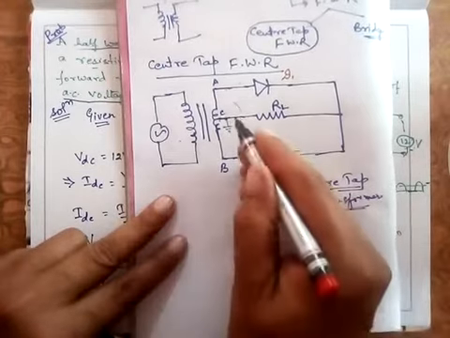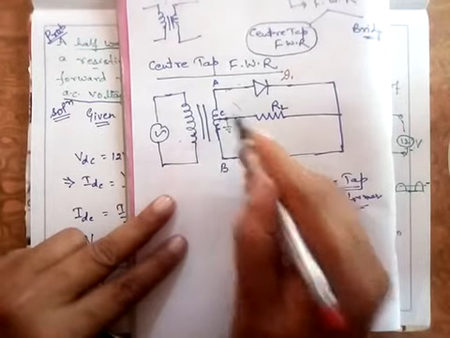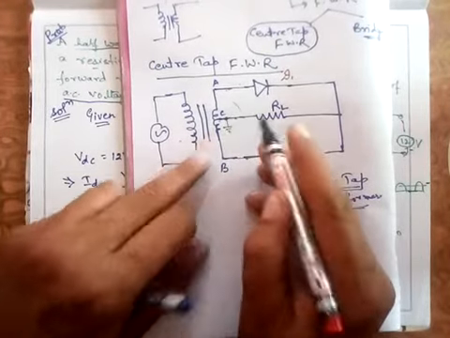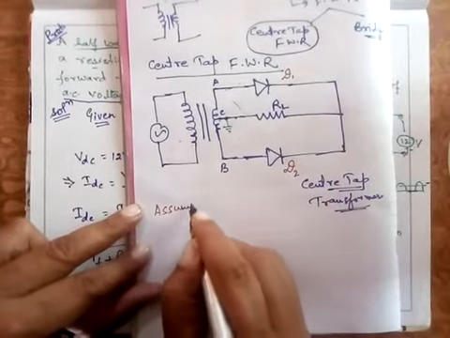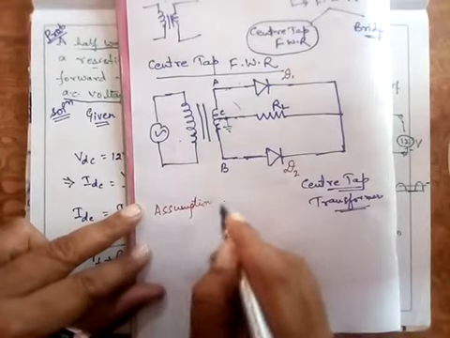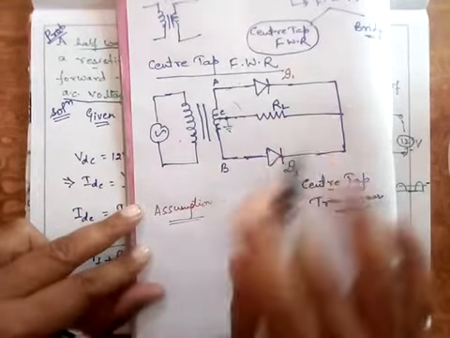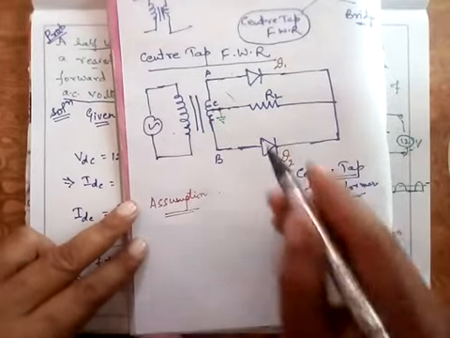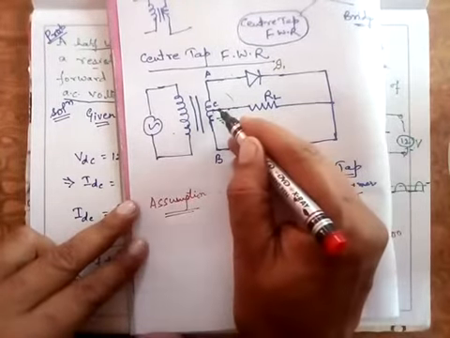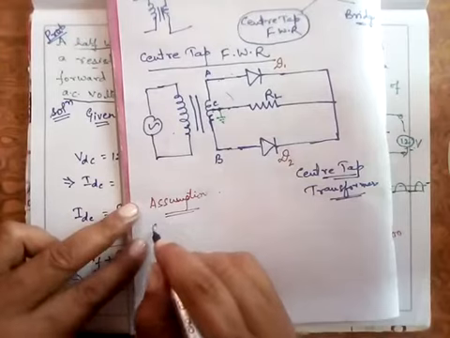Now, while dealing with this center tap transformer, we work on certain assumptions which do not happen practically, but theoretically we assume. Very first thing, that the center tap is perfect.